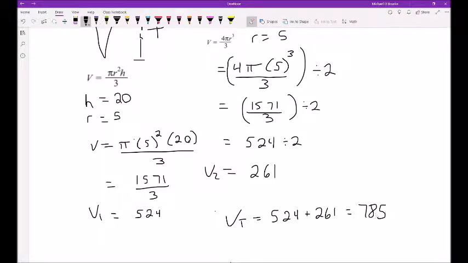So how many people were able to get 785 as their answer? Notice that it's centimeters cubed, so milliliters.